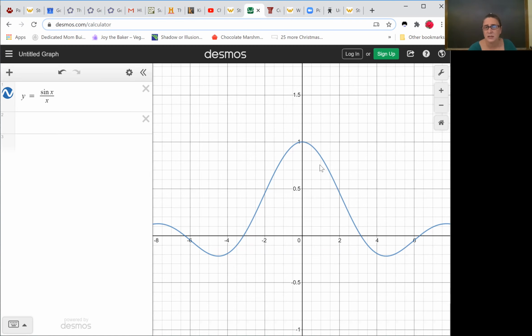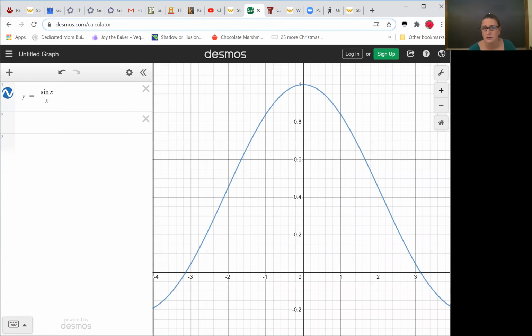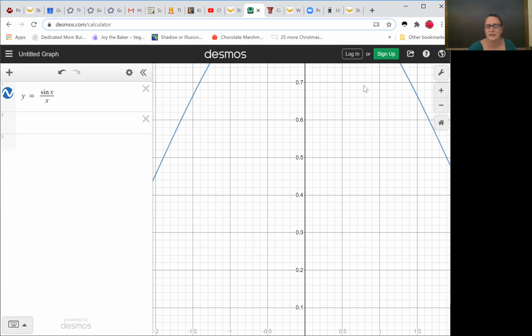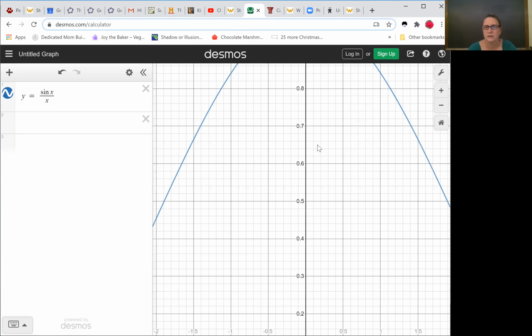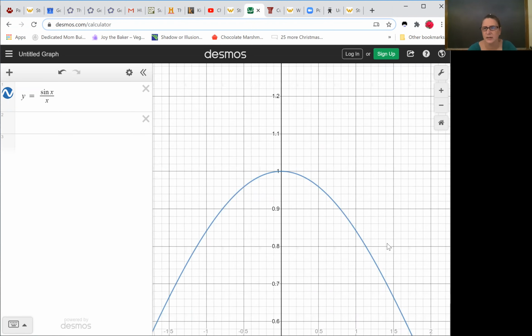In fact, I should have a hole there, but Desmos doesn't know. If I draw this myself, I have to draw a hole there because 0 is not in the domain of this function. But look what happens if I zoom in. I'm trying to zoom really, really close in here.